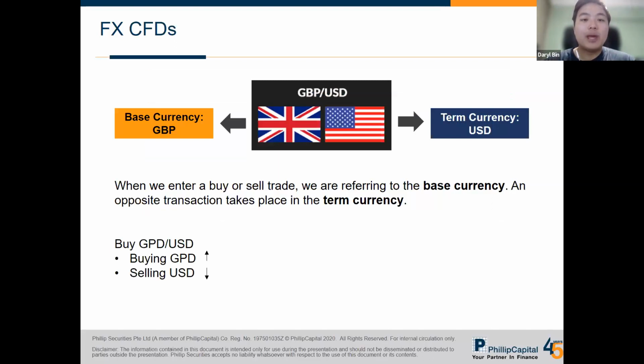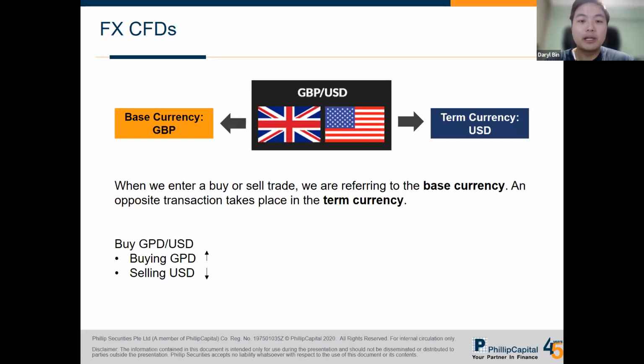So when we enter a buy or sell trade, we are actually referring to the base currency, and an opposite transaction takes place in the term currency. For example, we use GBP/USD. Pound is our base currency and the dollar is our term currency.